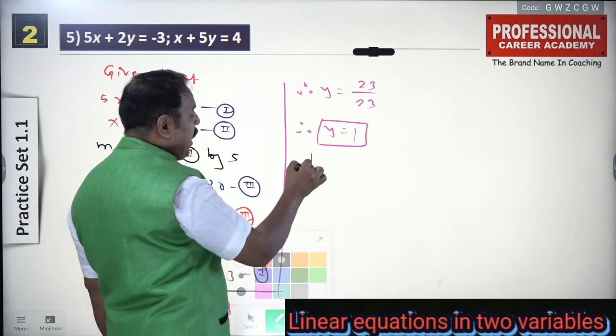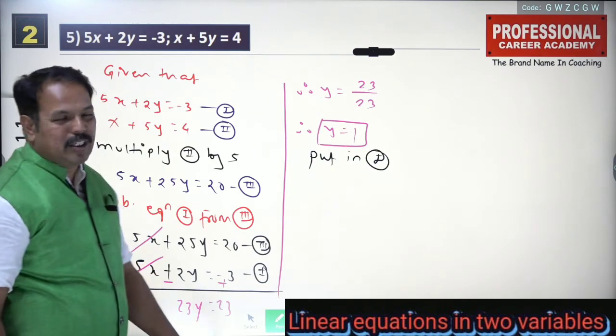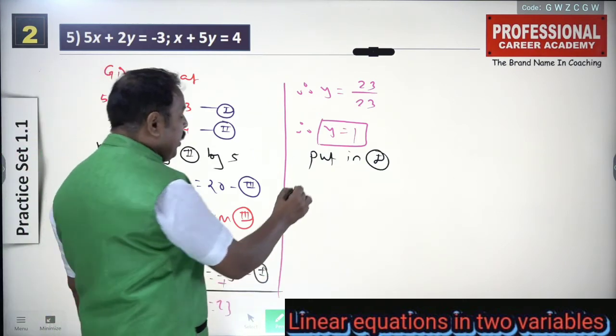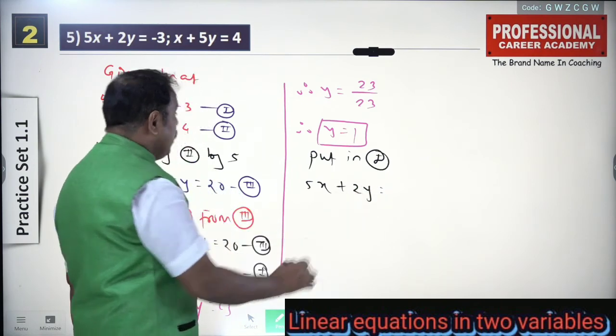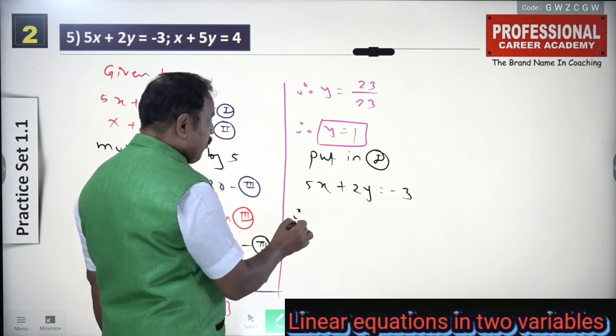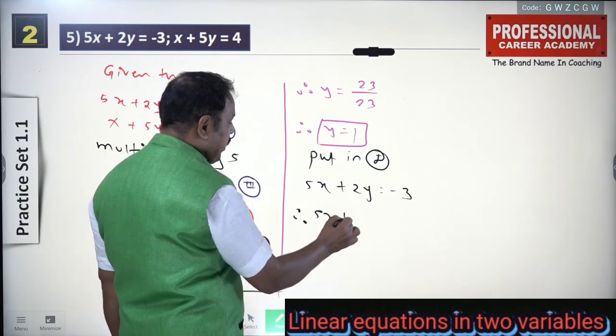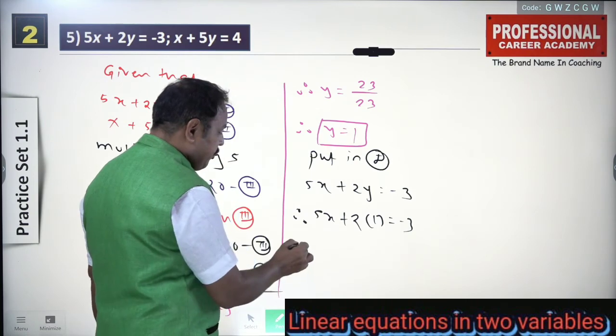Now put this value in any one of the simple equations, suppose 1. So what is 1? 5x plus 2y is equal to -3. Therefore 5x plus 2 into 1 is equal to -3.